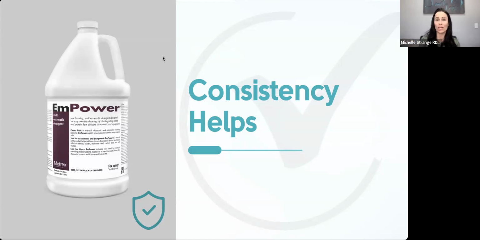I think this creates a crazy amount of confusion for the team, especially when they're unsure if the new product works with the equipment or if it has the same kill time, especially if we're talking disinfectants. Is it the same 3 minutes? Is it 2 minutes? Is it 1 minute? It just creates confusion when you're switching too much.